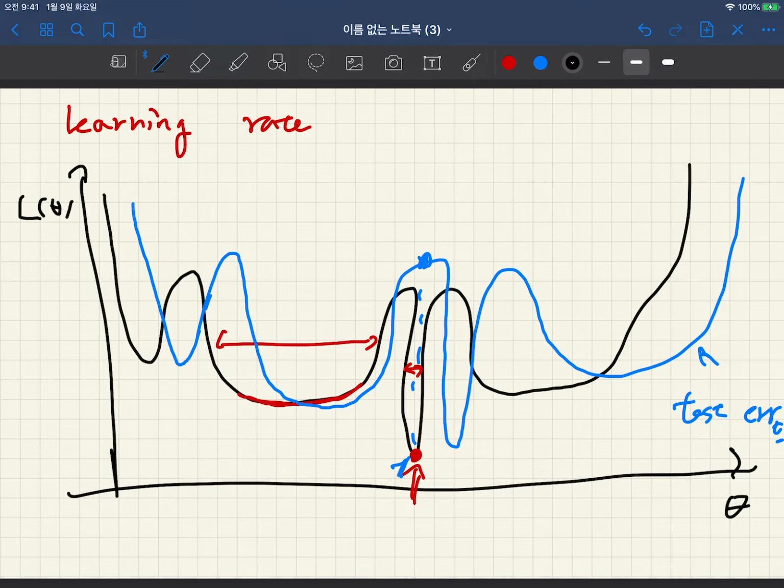But when you find a local optimum with a wide valley, you usually have a very nice test error as well. The generalization error gap of a wide valley is usually very nice. So some people claim that we have to find a local optimum belonging to a wide valley, not a narrow valley.